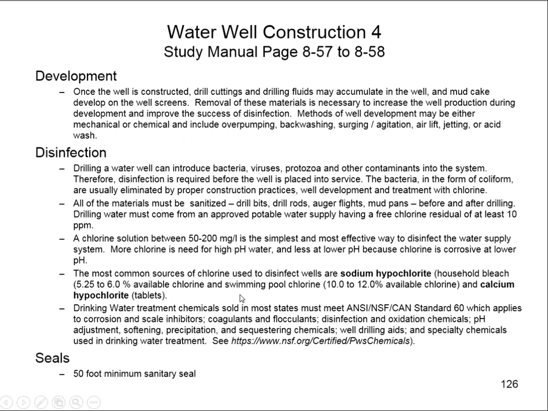What about swimming pool chlorine? Well, if you look at the chemicals that are in swimming pool chlorine, they're often things like algicides and fungicides, and you don't want to be putting that into your drinking water well.